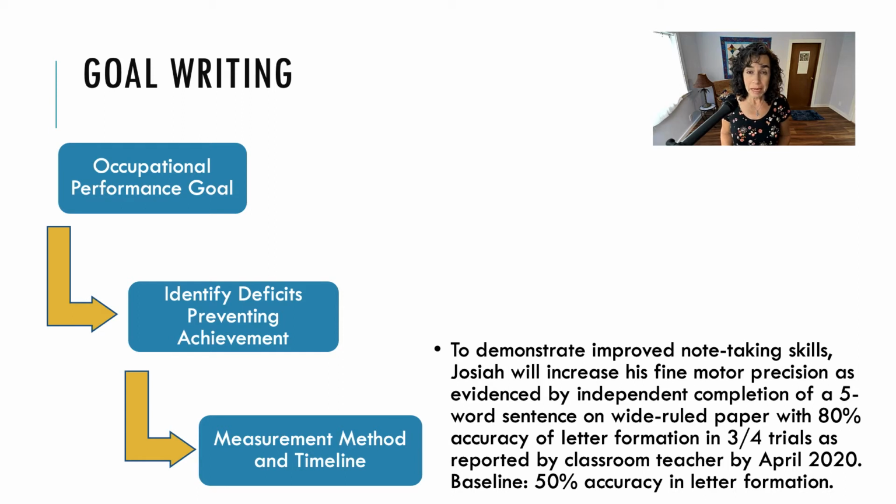Then 80% accuracy of letter formation in 3 of 4 trials. So that means that almost all the time, 75% of the time, right? So 3 out of 4 days, he has to do this. And then when he's actually doing it, he needs to be accurate 80% of the time.